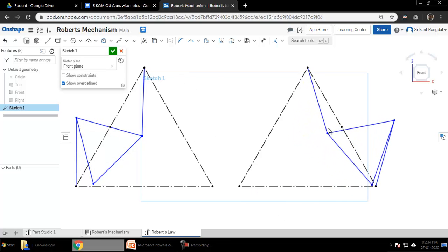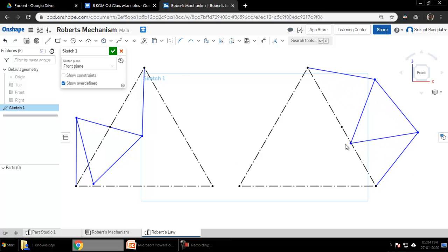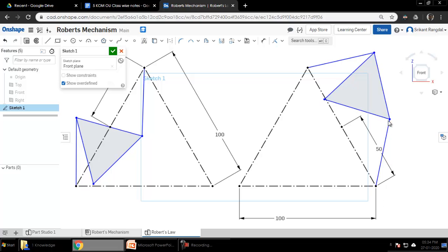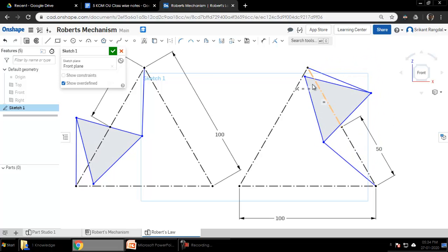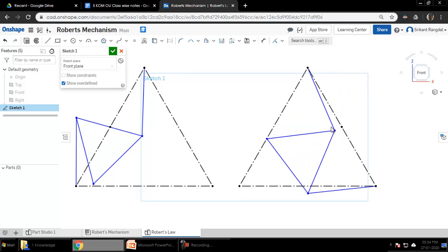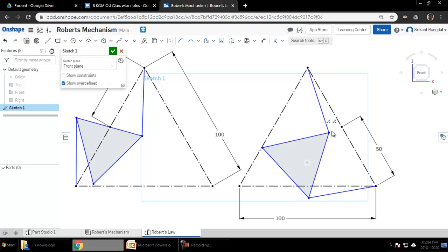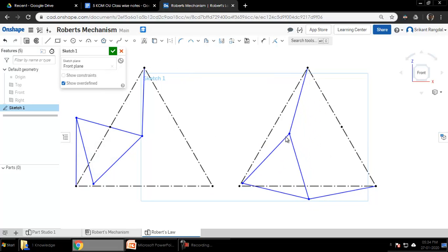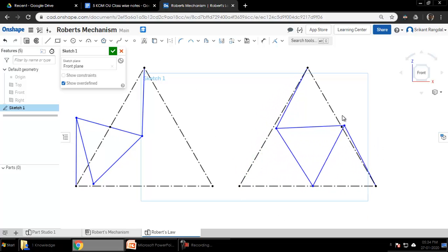The coupler curve is approximately triangular in shape, and we can see that there are actually 3 unique 4-bar mechanisms that are able to trace that approximate straight line path, the same coupler curve.